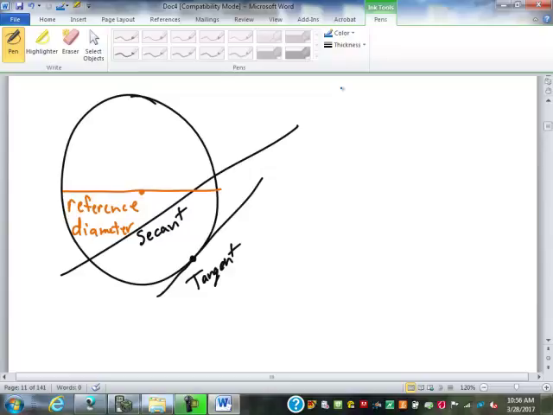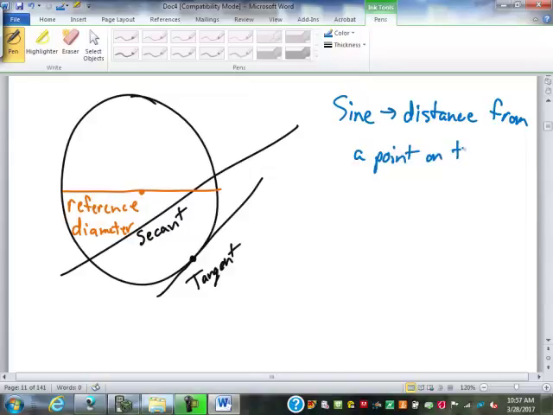Now, based on that, we're going to define something called a sine. The sine is a distance from any point on the circle to the reference diameter.